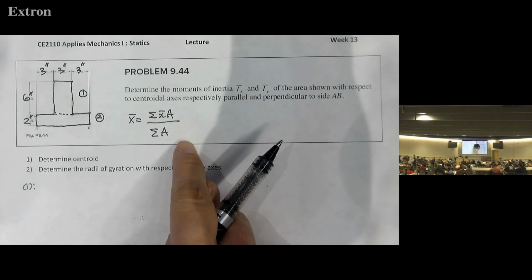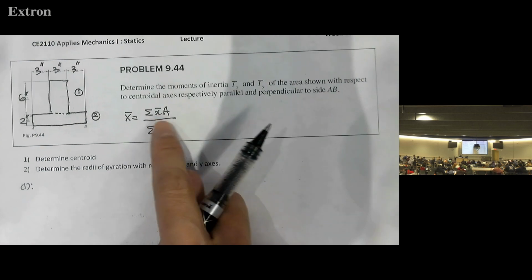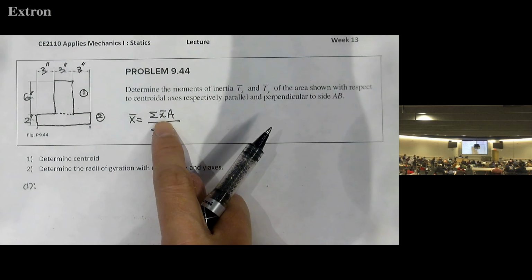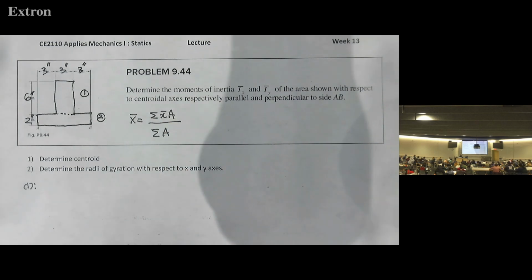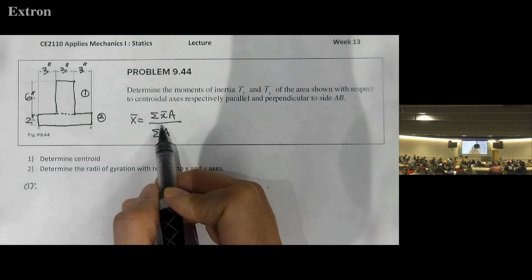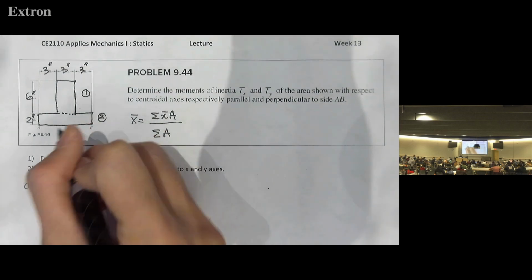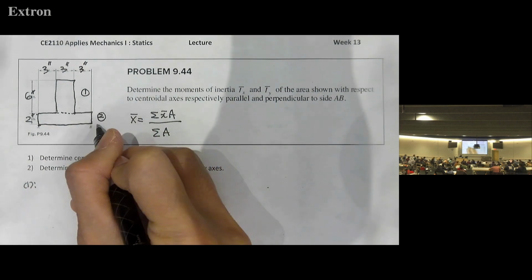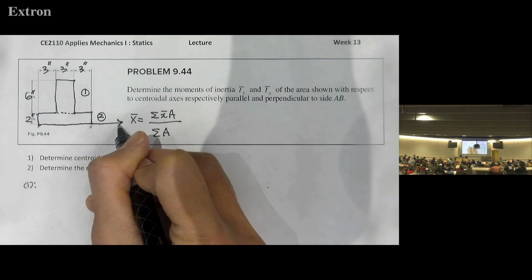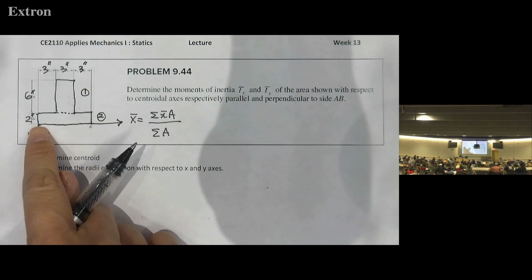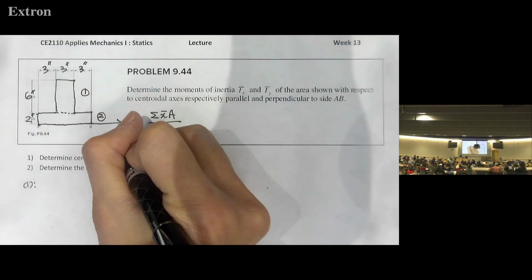So we can easily calculate the area and the x bar of each shape. To find x bar, we need to define the baseline. Maybe the easiest one is using the bottom line here as the x-axis.